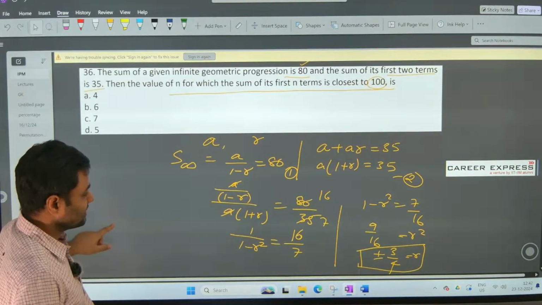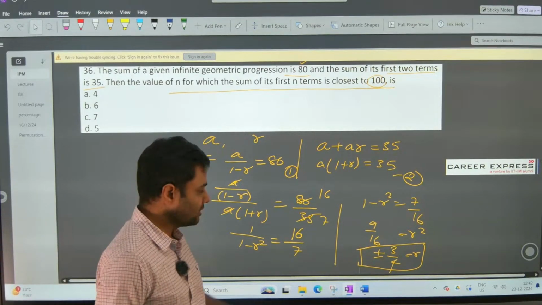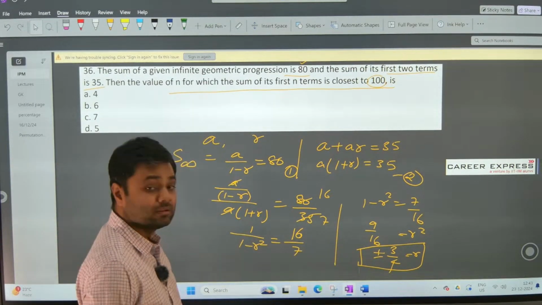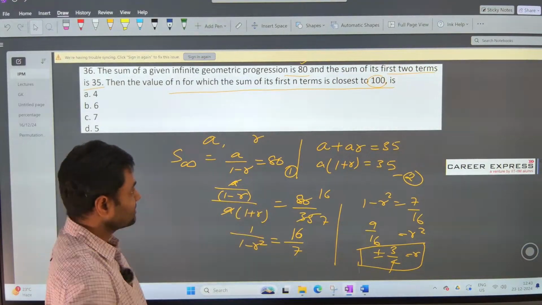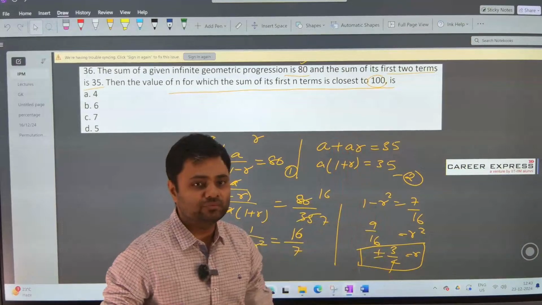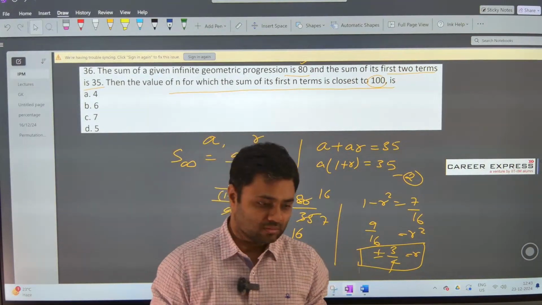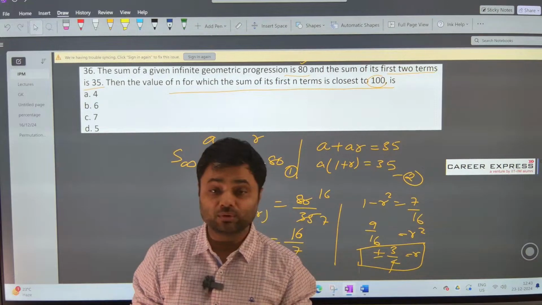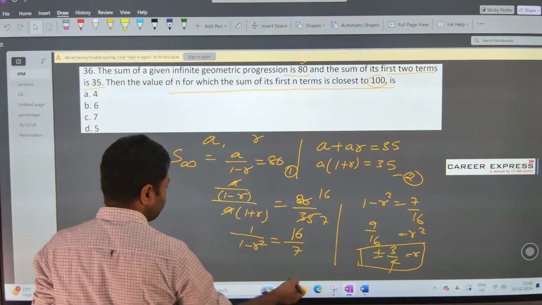Right. Now we have to decide which value we should take, or whether we can get the answer using both values of R. As we discussed in the beginning, if R is negative, then probably this situation will happen, that the sum of some terms is closer to 100 and the sum of infinite terms is 80 only. So we will first check with R negative.